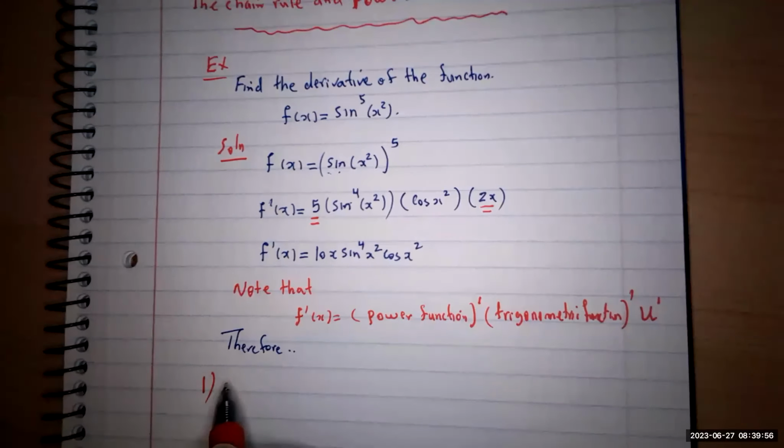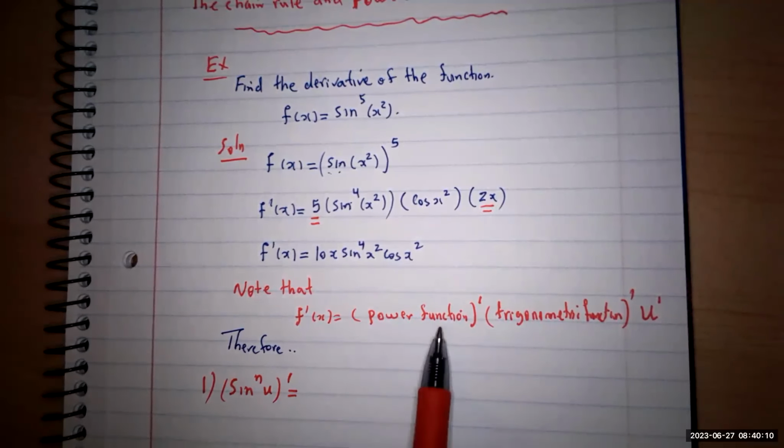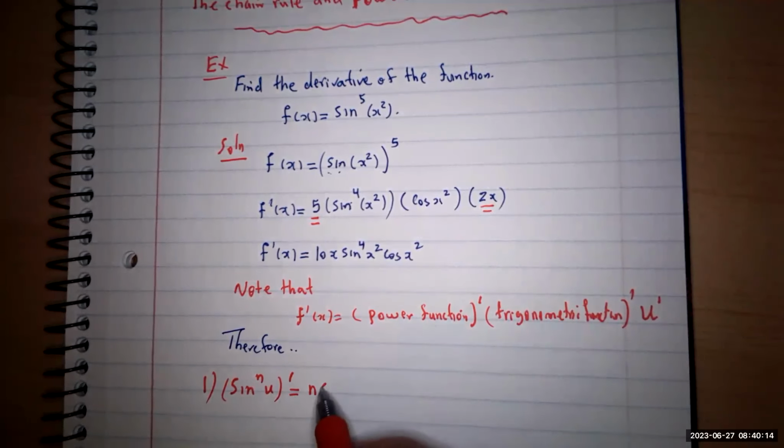If you want to do the power of the sine, the derivative of sine to the n of u is equal to: you see the power first. You bring the power down. n sine to the n minus 1 of u.